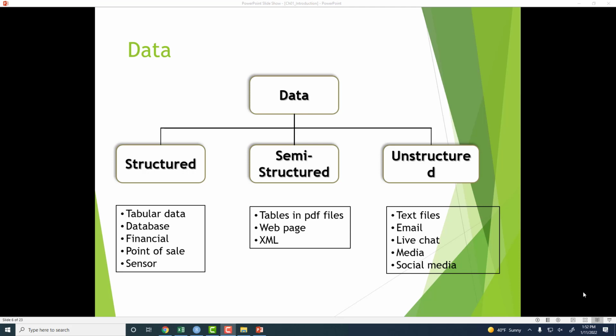Now, semi-structured data is data that already has some sort of structure, but it is not in a format that is amenable for data analysis. So you have to do some manipulation to bring it to a format which can then be analyzed. So that would be semi-structured. So it will be like data in a web page.